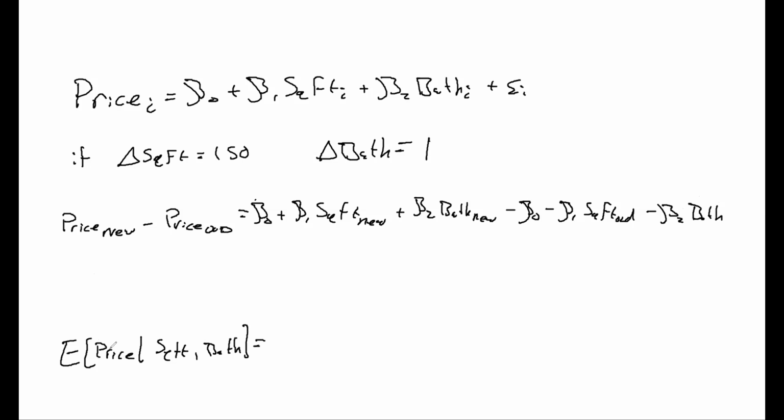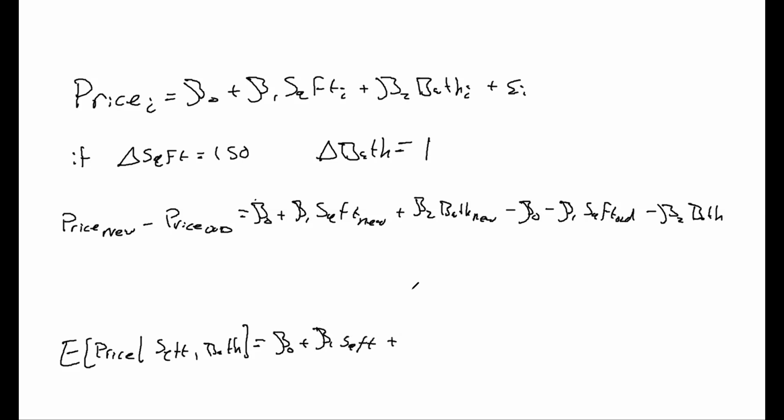You remember back from module 4 on probability, where we talked about expected values and moments. The expected value of a constant is just the constant, so this would just be beta 0 plus beta 1 times square feet. We know the square feet, so we just plug it in.